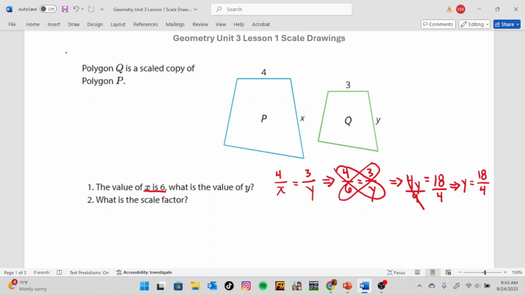But this isn't simplified yet. Both 18 and 4 can be divided by 2. So 18 divided by 2 becomes 9, and 4 divided by 2 becomes 2. So this is the simplified. Y equals 9 halves, or 4.5. Whether you prefer decimals or fractions.